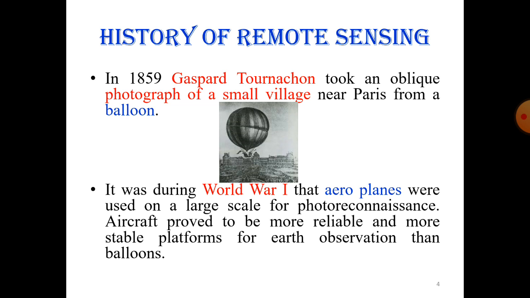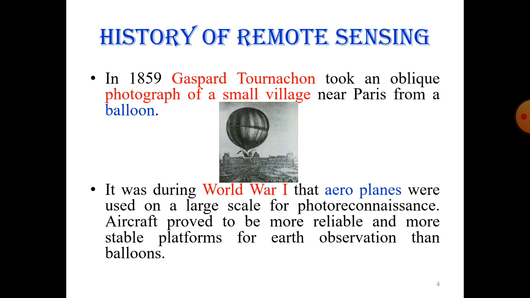Later, during the First World War, military forces used to record information of their neighboring areas using cameras which were fitted to aeroplanes. Students, remember, here the cameras are called the sensors to gather information about the Earth.